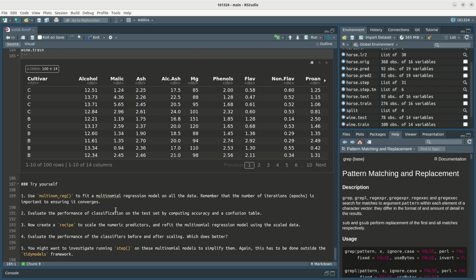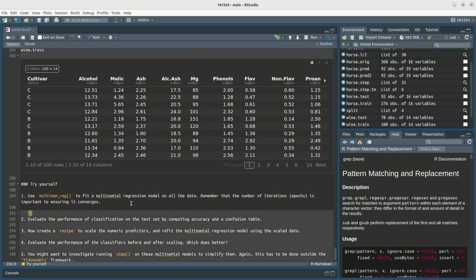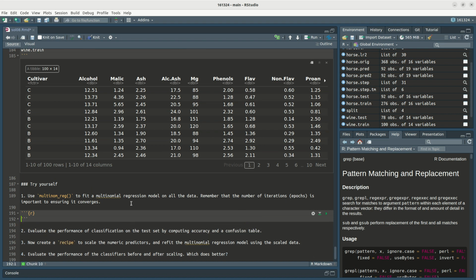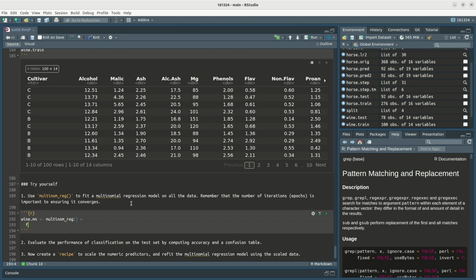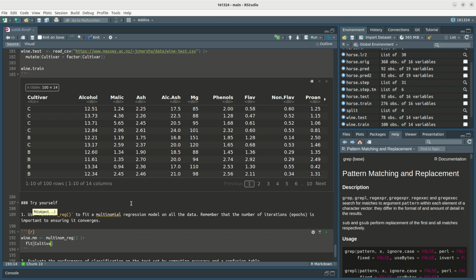Right, so let's create a multinomial regression, do our prediction. Okay, so that's all set up properly, and then we can just do our fit, cultivar in terms of all other things, data equals our training data.